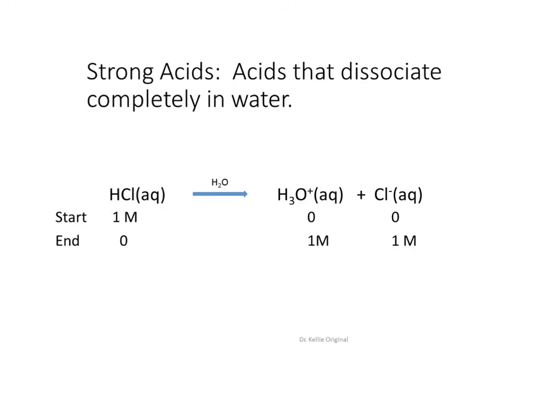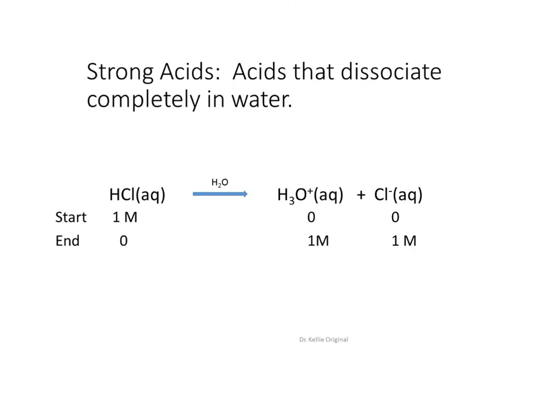If I start off with 1 molar of hydrochloric acid, a strong acid, and no hydronium and no chloride, at the end of my reaction, all my hydrochloric acid will be converted to hydronium and to chloride. I'll have 100% conversion. So for a strong acid, my acid reaction goes totally to completion.